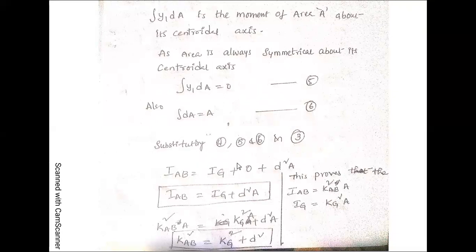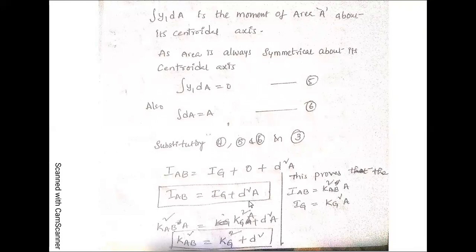If you substitute in the third expression, the moment of inertia IAB is equal to first term IC, second term 0, third term d square into A. So simply, IAB is equal to IC plus d square A.